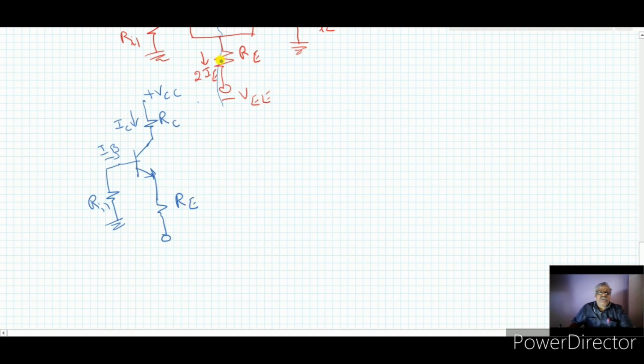And what is the current flowing through the emitter resistance? Because the total current we have to consider. So the total current flowing through this is 2IE. If you write only 1IE, you will get the wrong answer.